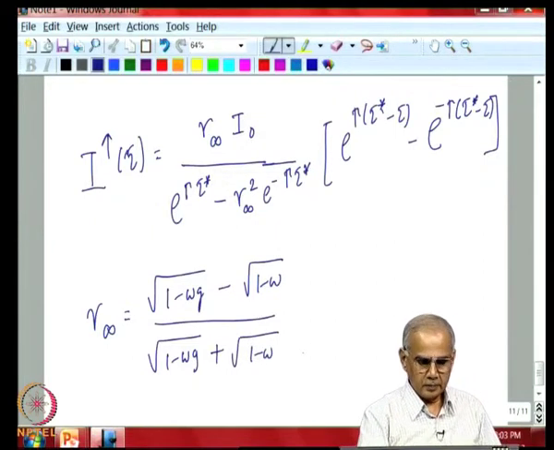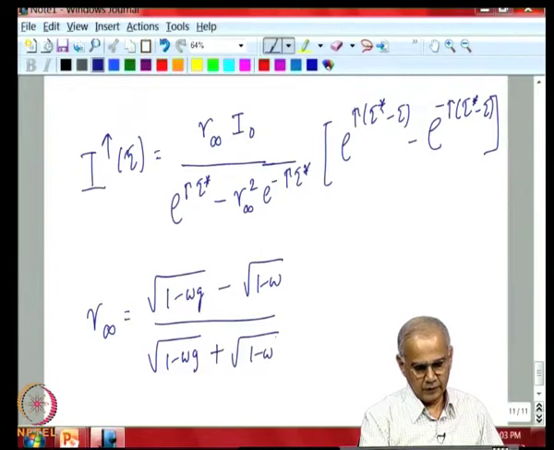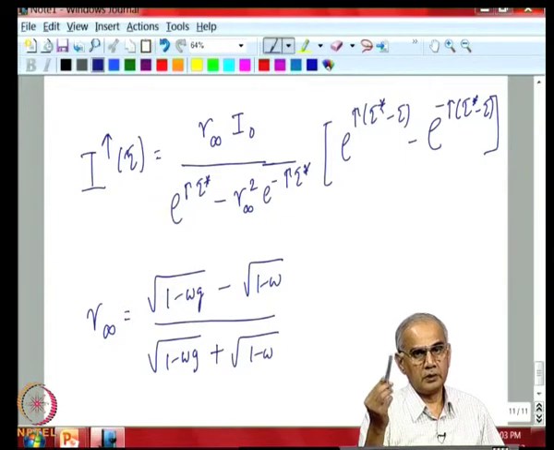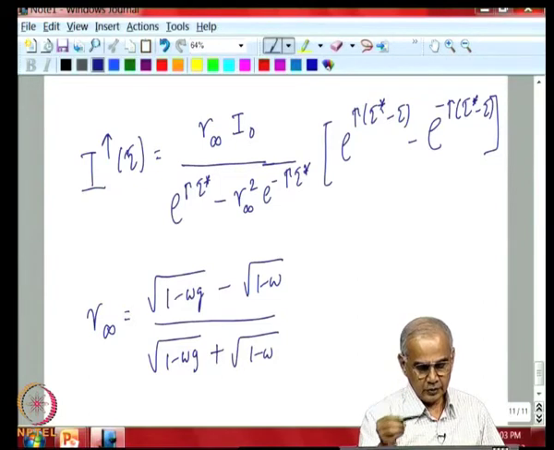Now, you can see that there is some kind of total reflectivity of a thick medium, because when omega is 1, this quantity becomes 1. So, when the single scattering albedo is 1, everything is reflected, and when omega is 0, this goes to 0.